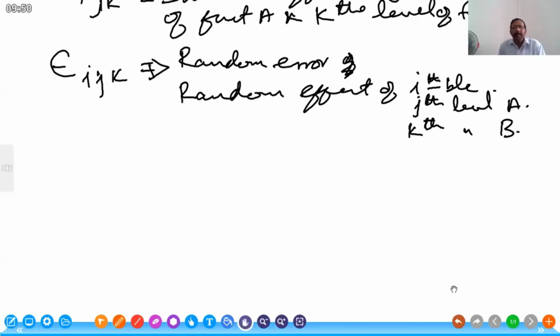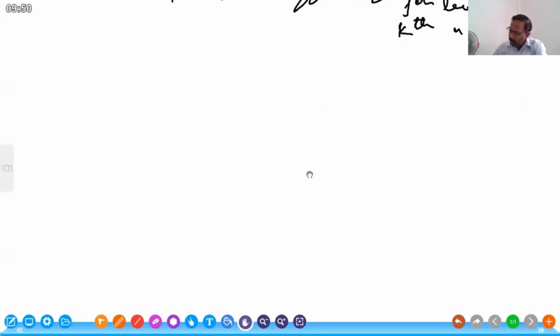Right. We will continue with the ANOVA table. So the same setup is coming in the ANOVA table. Don't be surprised by looking at this ANOVA table.